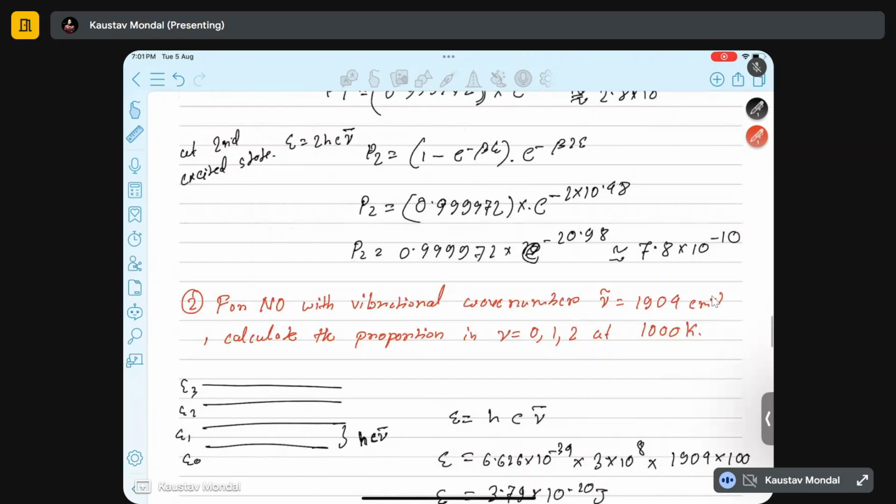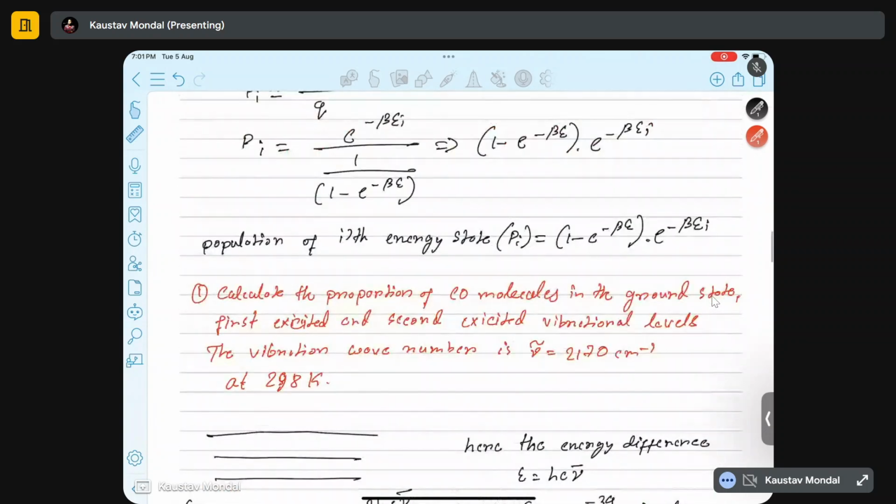Let me just briefly tell from the beginning what we have done. In the first problem, in CO molecules, the molecules distribute themselves into higher and higher vibrational energy states if you increase the temperature too much.